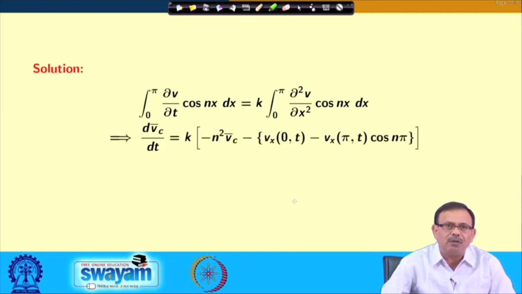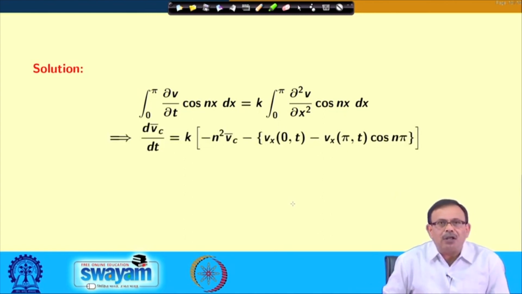The left hand side will be, as usual, d v c bar by dt, where v c bar is the finite Fourier cosine transform of v. The right hand side we have done earlier already.